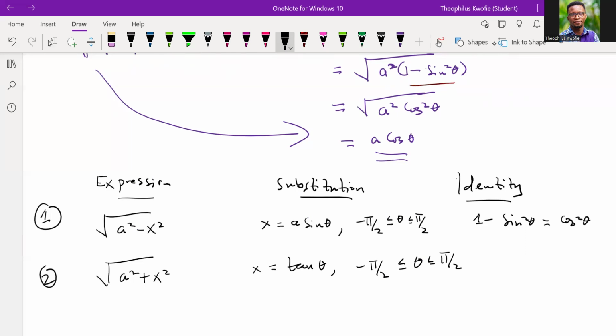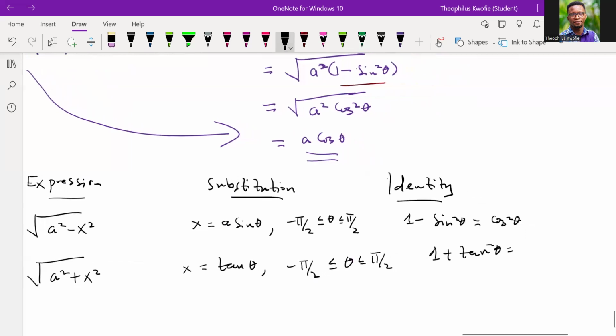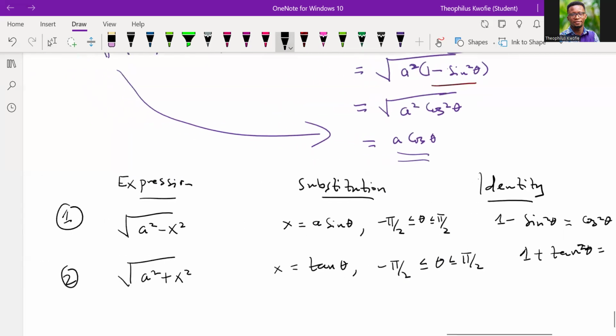The identity associated with such an expression should be 1 plus tan squared theta. If we can recall, what is 1 plus tan squared theta? That is sec squared theta. Very good.